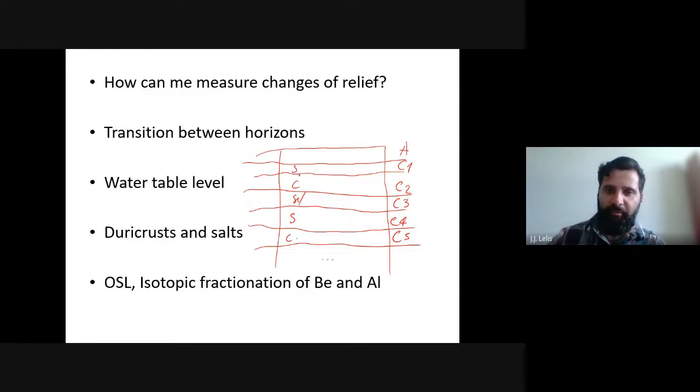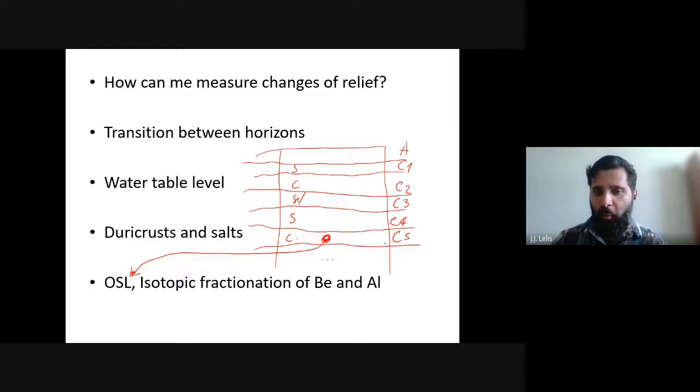I can measure the age of the sedimentation of each horizon. So if I collect a sample in this horizon and analyze using the OSL technique, I can have an age of the burial sedimentation process.